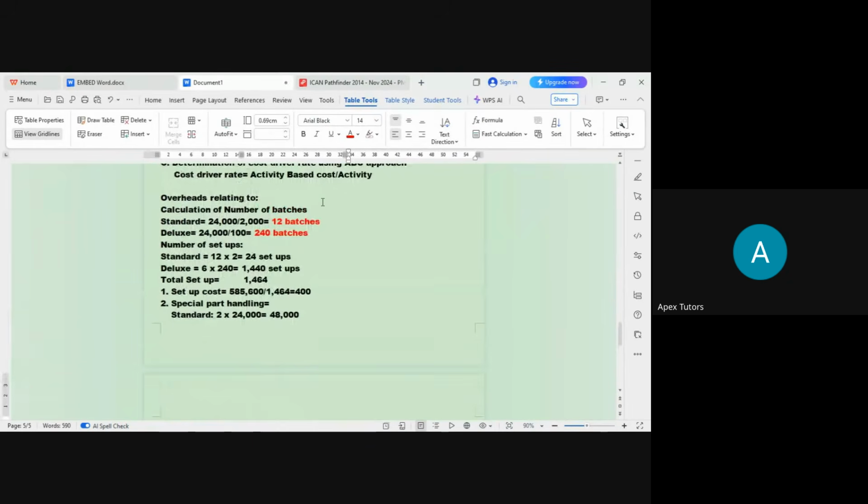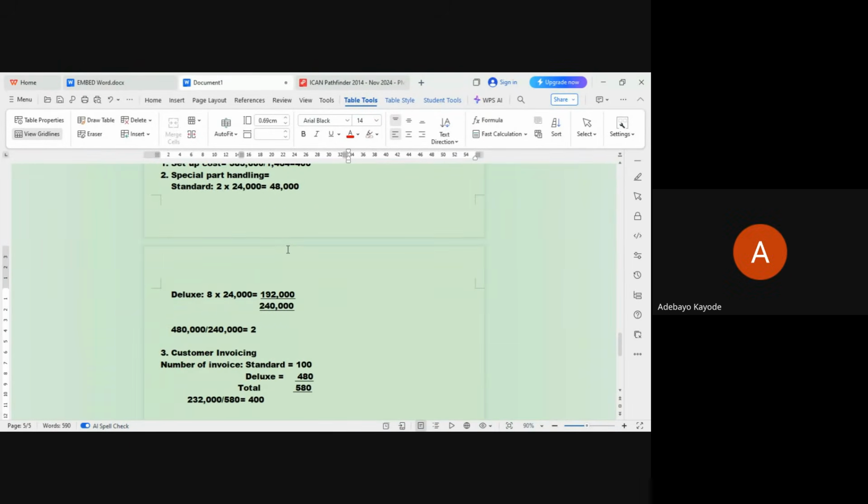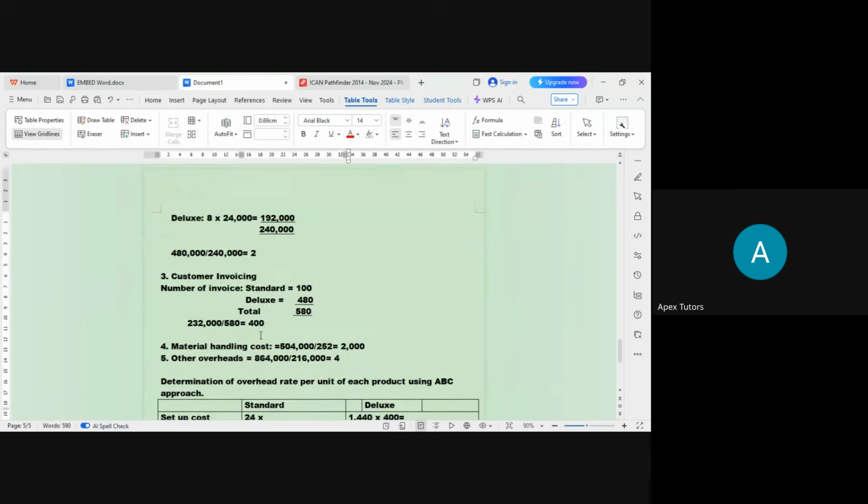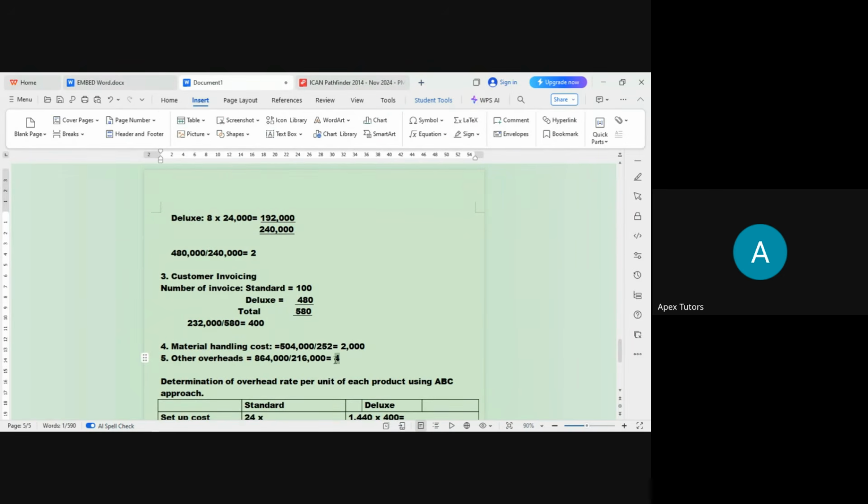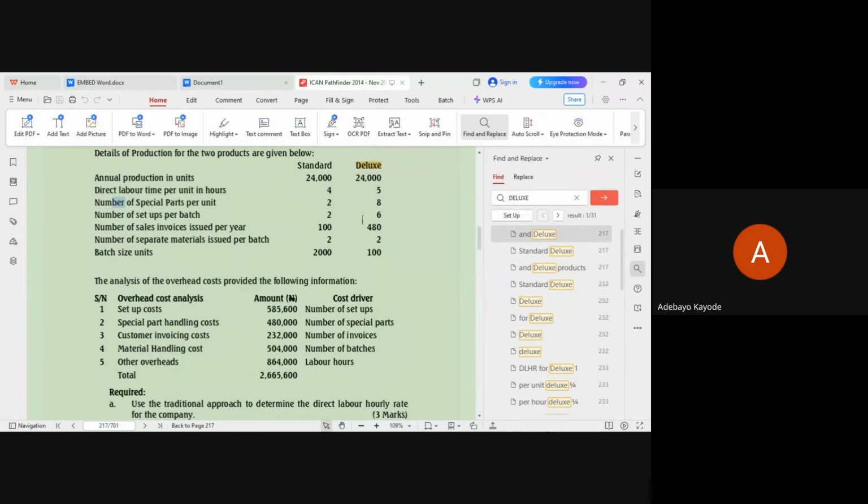Based on the cost driver, other overheads, see it here, 4, right? Yes, sir. Now, what is driving this other overhead? Production units, labor hours.